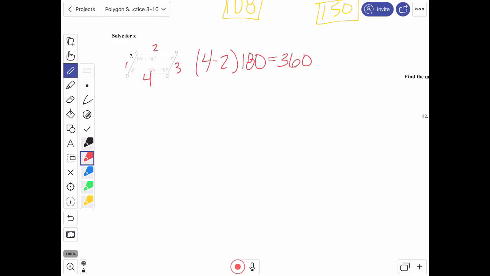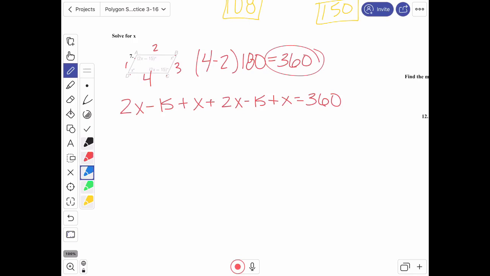So I know that if I take angle A, angle B, angle C, and angle D, they should all add up to 360. So I'm going to take 2x minus 15 plus x plus 2x minus 15 again plus x equals 360. I'm going to combine my like terms. So I get 2 plus 1 plus 2 plus 1 would be 6x.